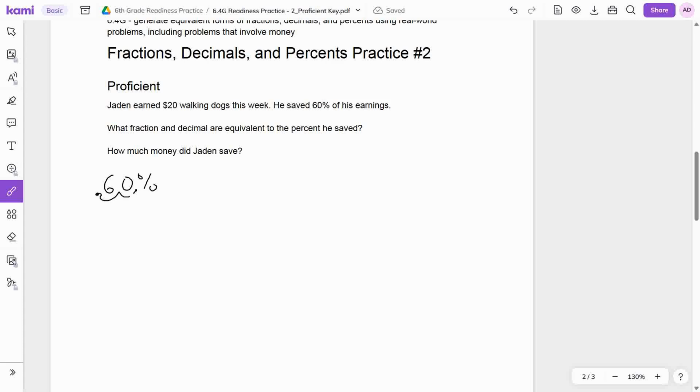You move it back twice. And so you're going to get 0.60, which means we can drop that 0. So we can just say 0.6 is going to be my decimal. Now, fraction, well, we can go back to that other trick of 60% means 60 over 100, or we've got this 6/10, right?